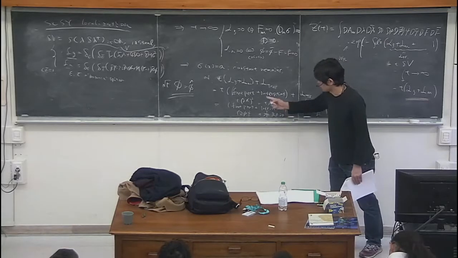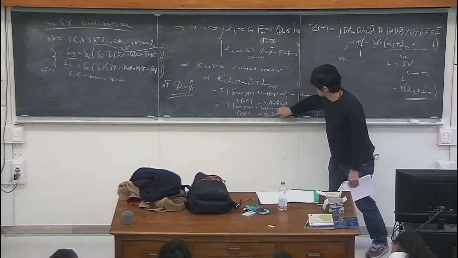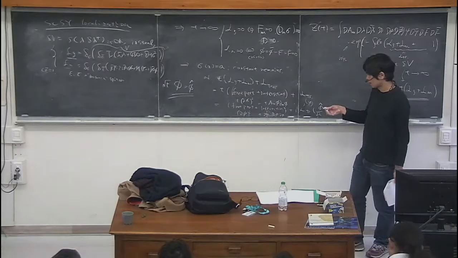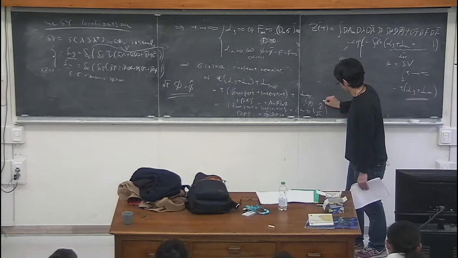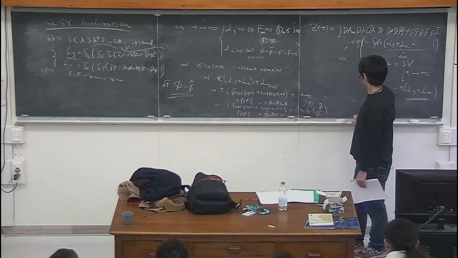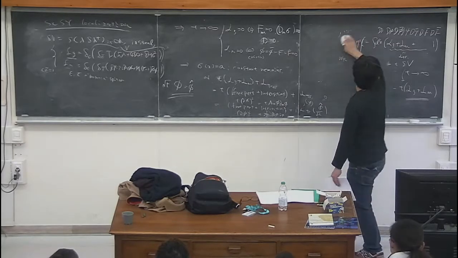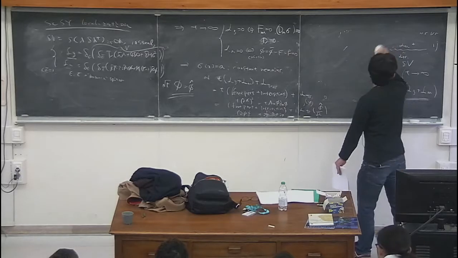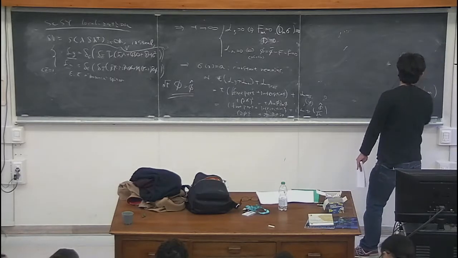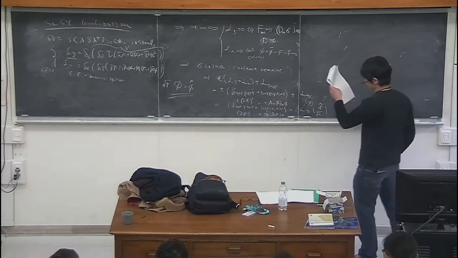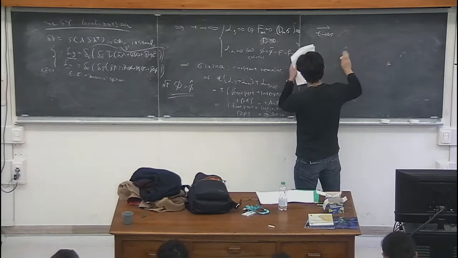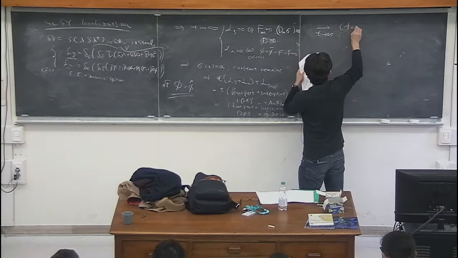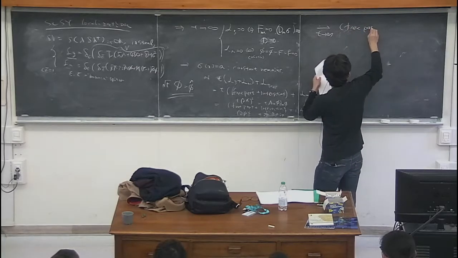Then these interaction terms drop out, as in the midterm model, and this also becomes 0. In the t goes to infinity limit, it's just a free field theory.